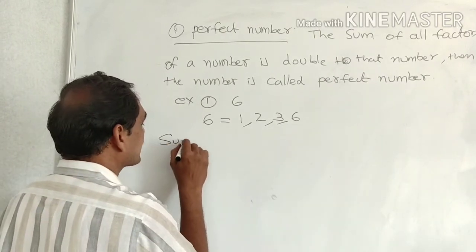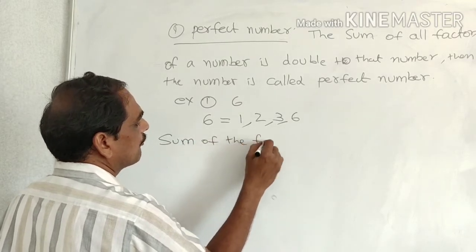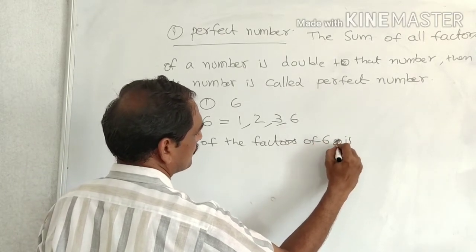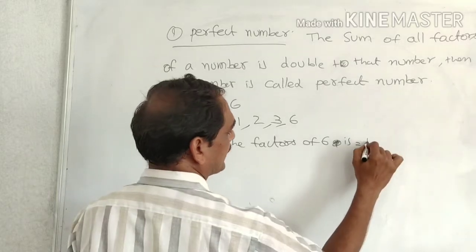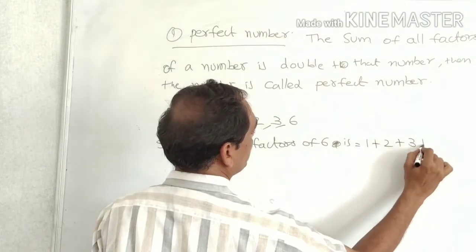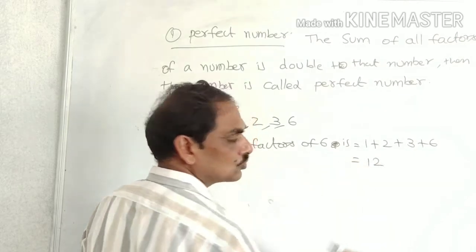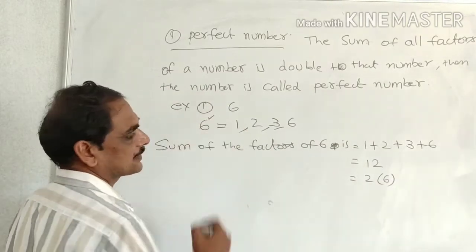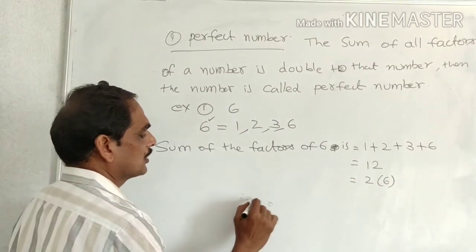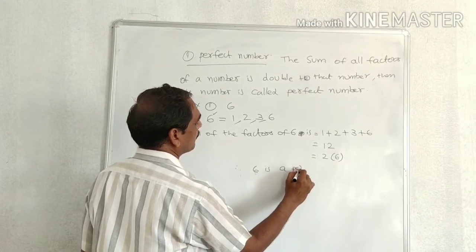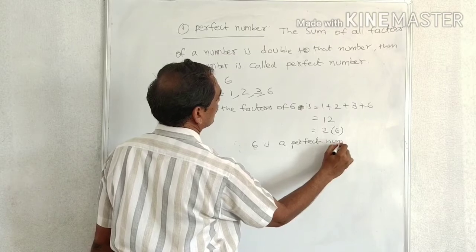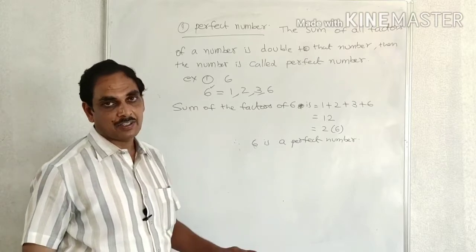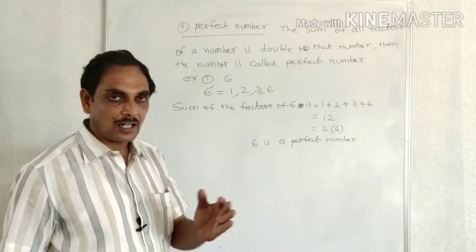Now, the sum of the factors of 6 is 1 plus 2 plus 3 plus 6, which is equal to 12. We write 12 as double the given number 6. Therefore 6 is a perfect number.